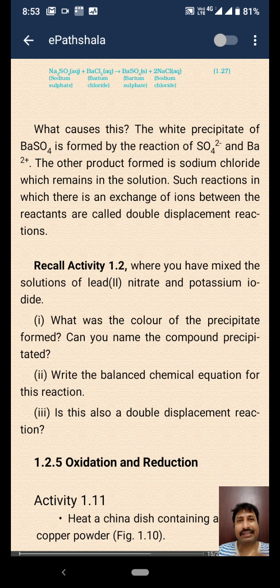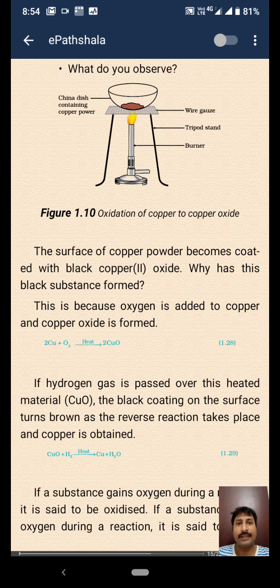Okay, it's a very easy thing that you can balance it. Most of you are writing Na2Cl for sodium chloride, it's not correct. Okay, it will be NaCl. A coefficient is 2, it's not a subscript, so we have to be very careful on that.